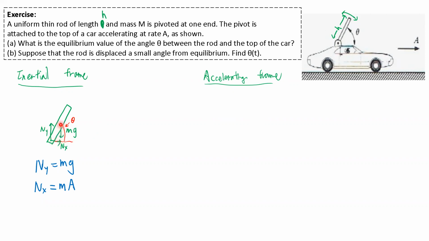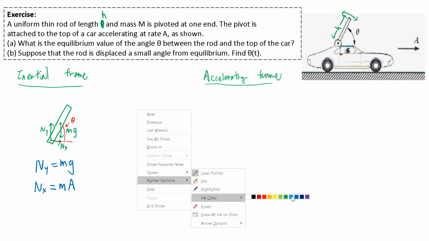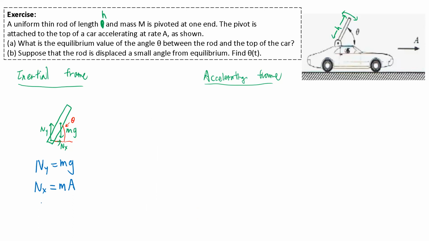So the torque due to the ny would be ny times this distance over here. What is this distance? This is h divided by 2, half length of the rod, times cosine theta.